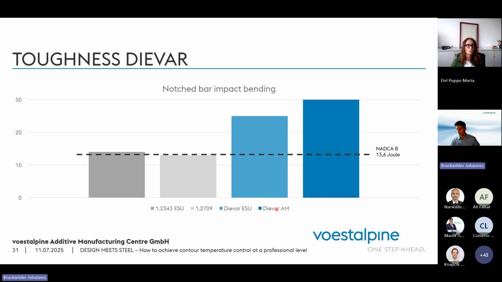Another material is the Diver. And here you see again the 1.2343 as a comparison with the toughness. And with Diver, we are getting double the toughness of an ESR grade 1.2343, and that's important.